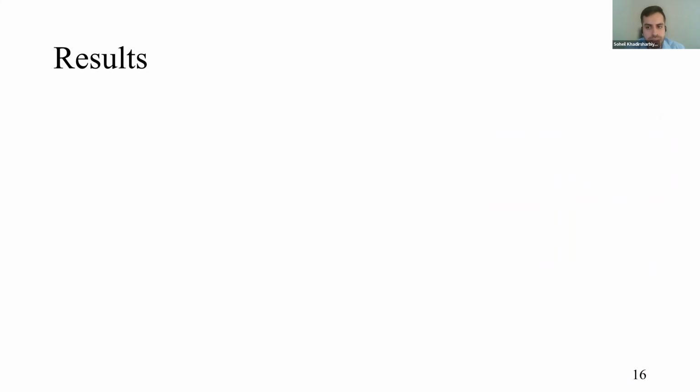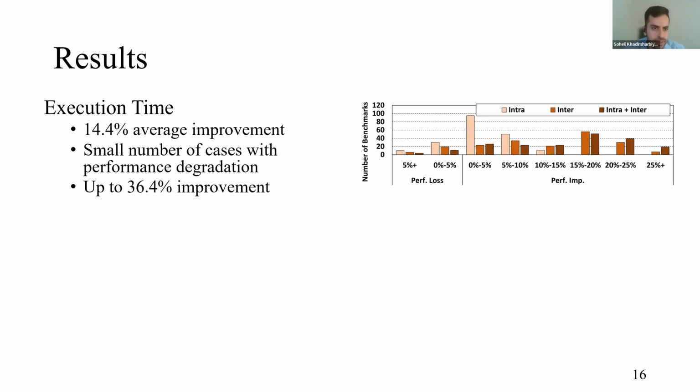These are the results that we get from our approach. First, on execution time, we saw that on average we are achieving about 14.4% performance improvement, and the improvement is up to 36.4%. There are small cases where we are seeing performance degradation, because, for example, when 2 compute-intensive applications are running at the same time, by migrating and updating the allocation, we are not seeing any performance improvement.